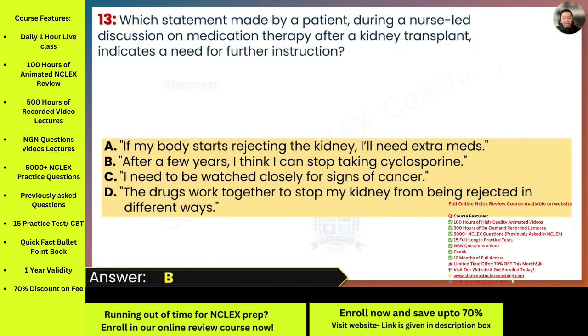And so these medications are used together to have that synergistic effect and to suppress the different parts of the immune response, which is a critical concept in transplant medicine. And so the clue in this option is work together. Drugs work together. This is indicating the patient is understanding the multi-drug regimen in order to prevent the drug rejection.